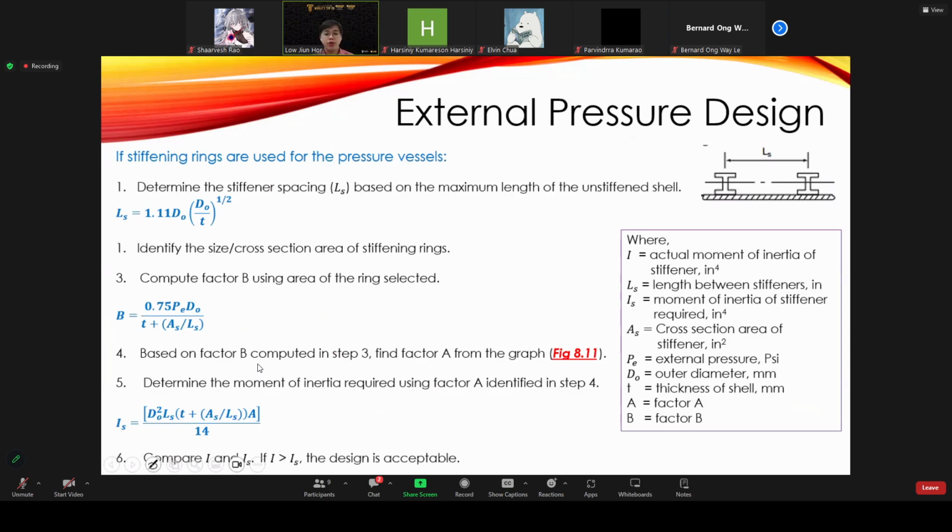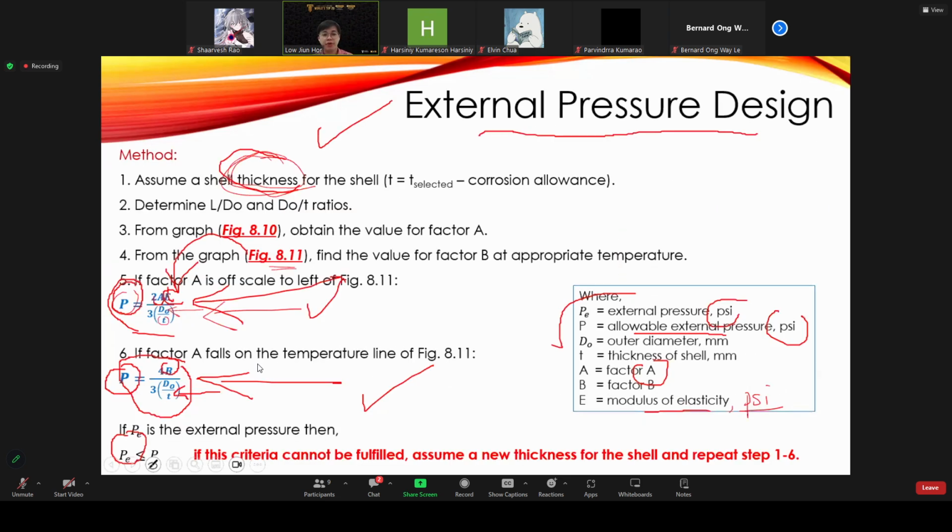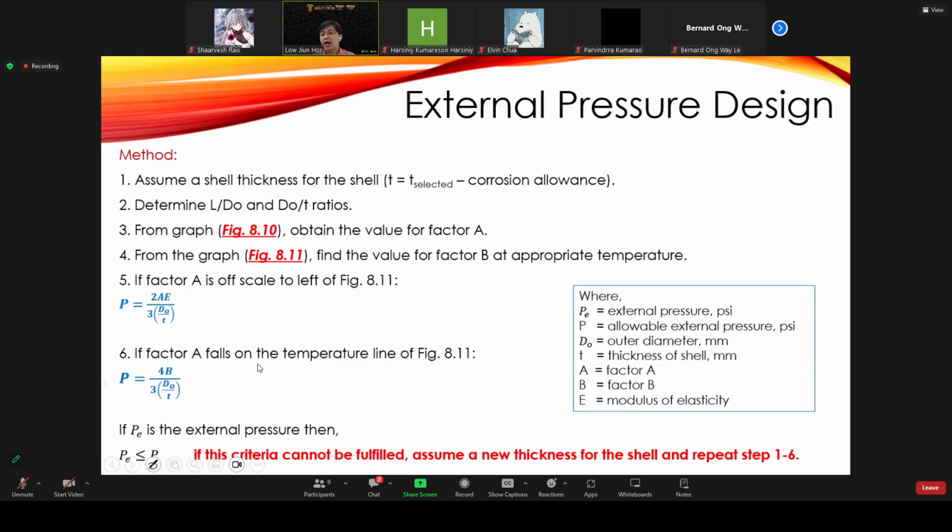Okay, so far any question with the steps that I explained just now, before we proceed to the stiffener? This is the method to determine a thickness without using the stiffening ring.